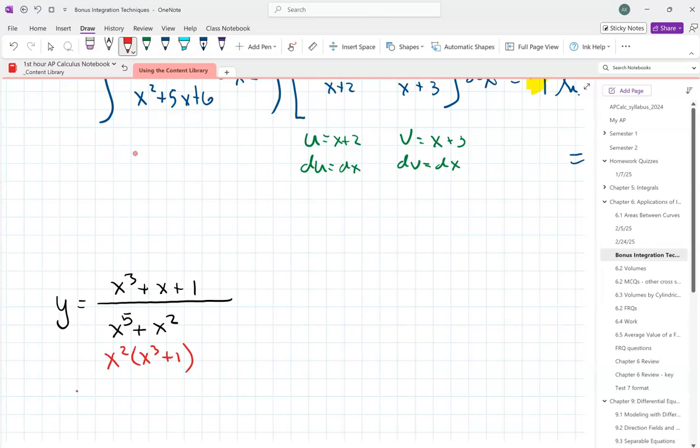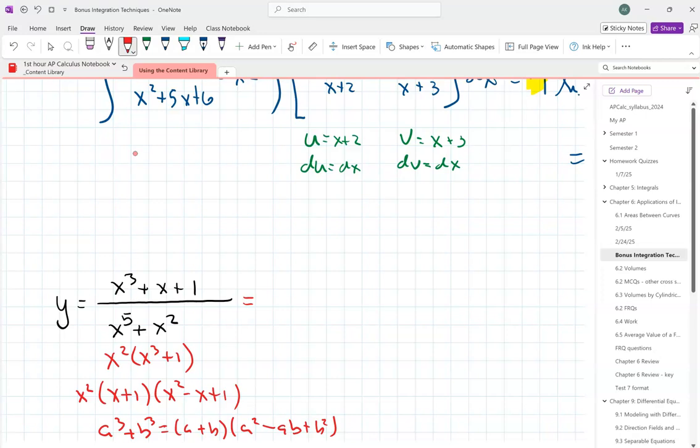Now, you probably don't remember the factoring pattern for that. That's the factoring pattern, though, if you didn't remember.